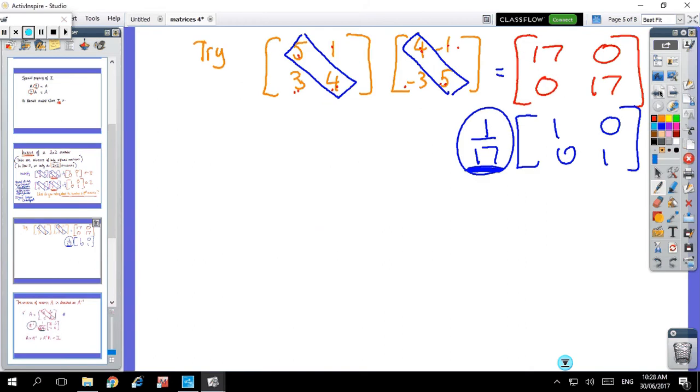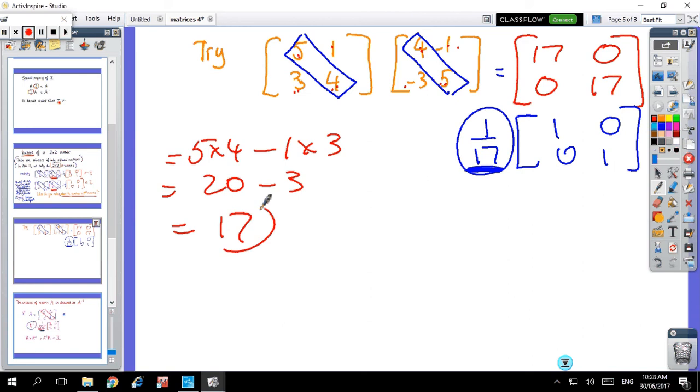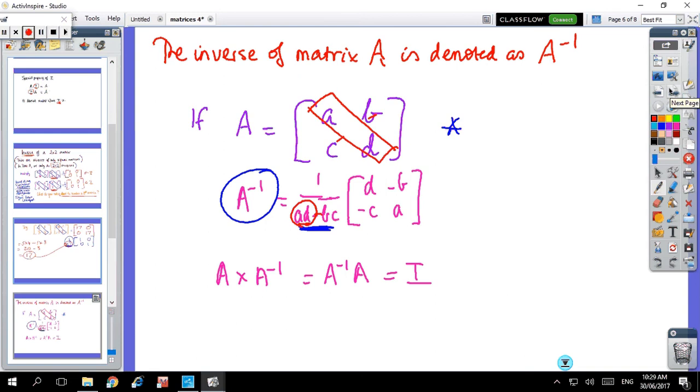So in that previous example, 5 times 4 minus 1 times 3 equals 20 minus 3 equals 17, and that's where that number comes from on the bottom.